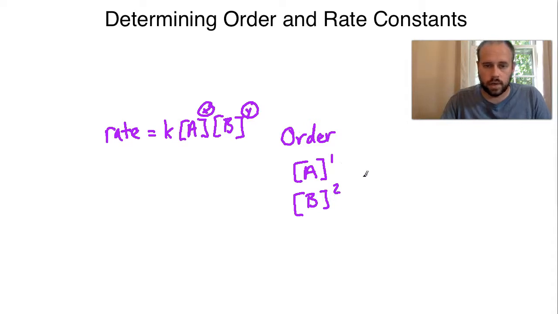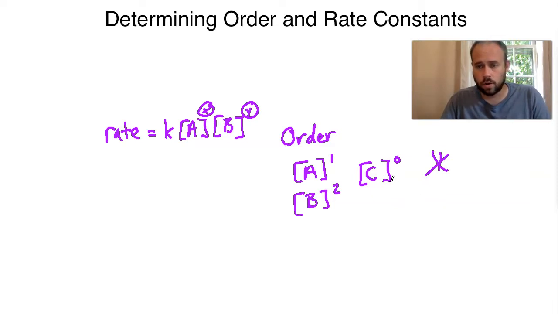Okay, so it is also possible that you could have something raised to the 0th order for a reaction, which means that that compound, because anything raised to the 0 is going to come back as 1, is not going to participate in the reaction. So anything that is the 0th order, the rate of the reaction will not be dependent on it. That's the way that I should state that.